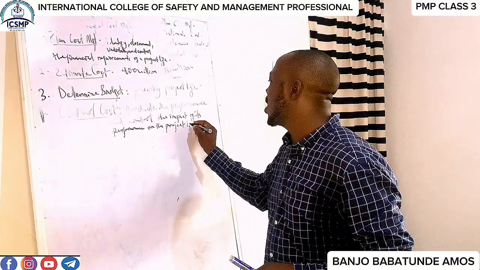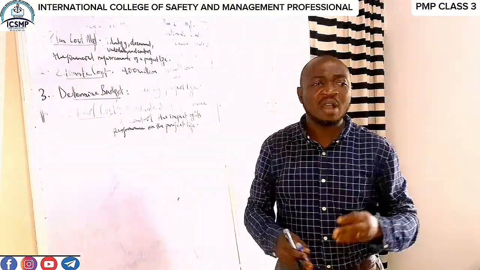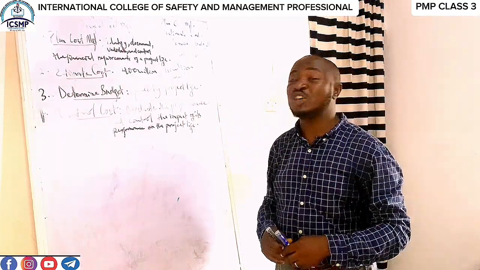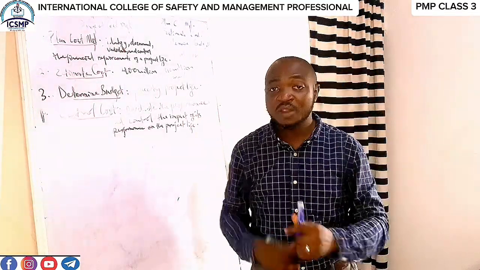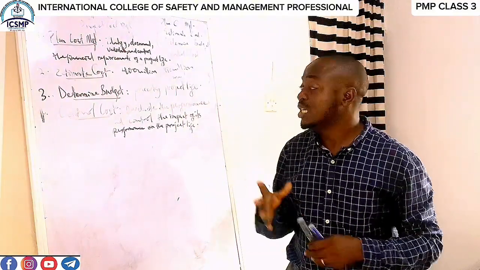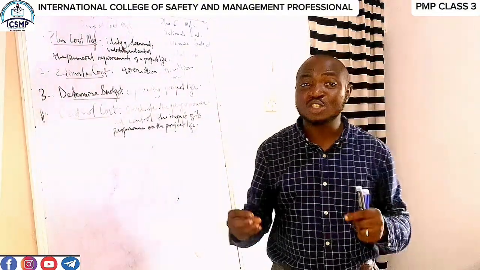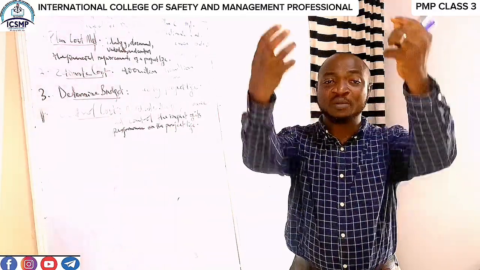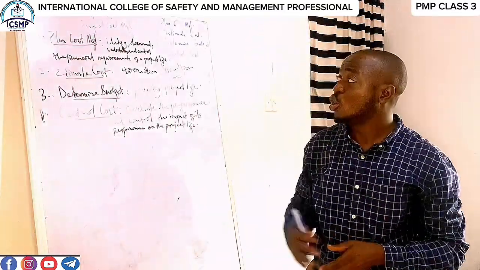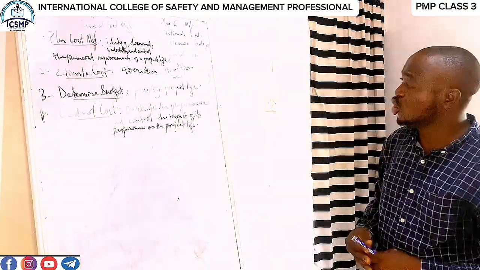What are we doing here? We are simply checking if our cost is performing well or if our cost is failing. Peradventure our cost is performing well, then we keep validating our cost. Peradventure our cost is not performing well, then we need to adjust some other variables and consider the influence of cost on them to bring the performance of cost up. So we control cost. So these are the 4 basic processes under project cost management.